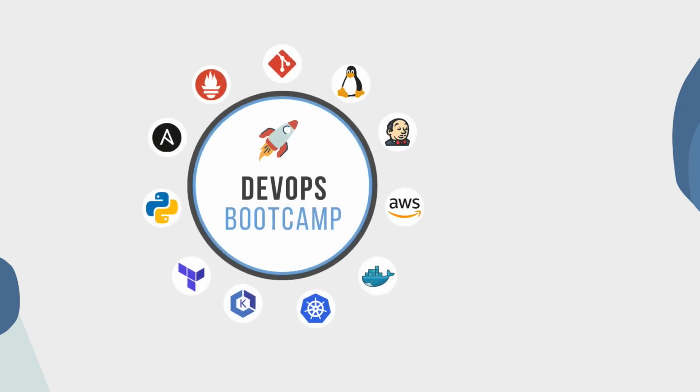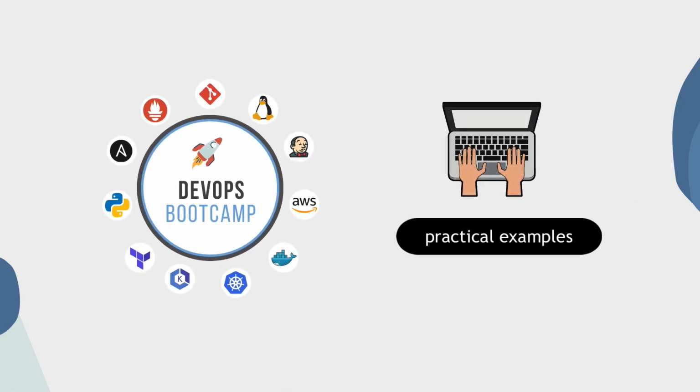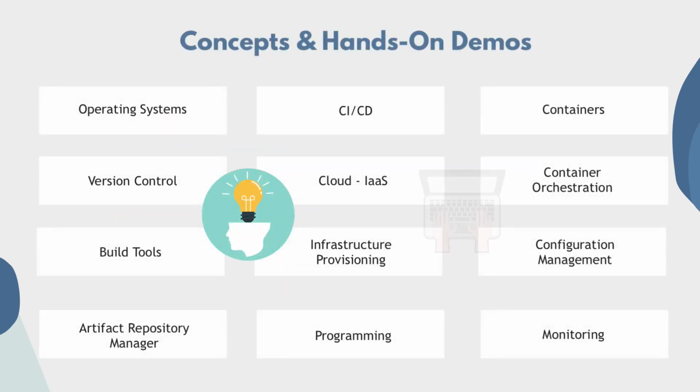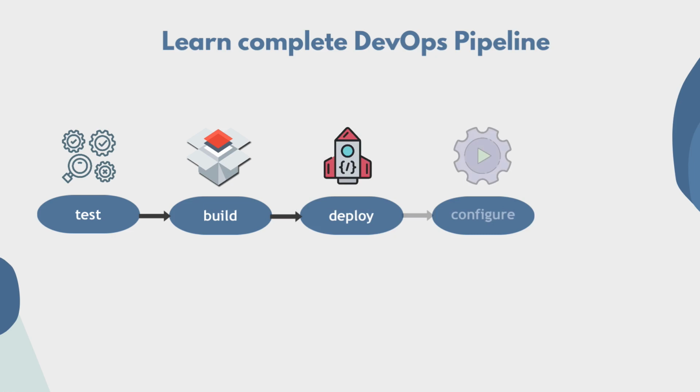The bootcamp is designed to give you a lot of practical exercises, so immediately after learning a new concept, you can apply that into practice, and step by step as we go through each module, you're gonna build a complete DevOps pipeline from testing and building and release to deployment, configuration, and then maintenance process.